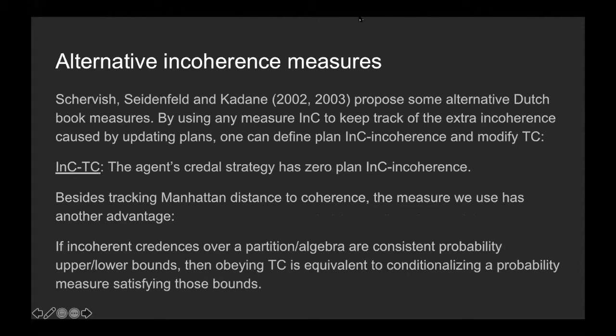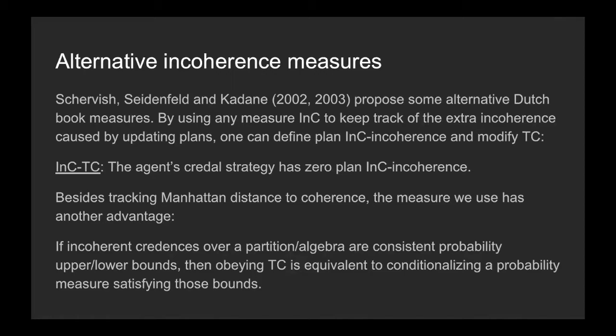So now, one thing to talk about here is the use of alternative incoherence measures. Because we picked out a Dutch book measure that I presented earlier that we think is a really good one, but that's not the only one you could use. And there's some literature by Schervish, Seidenfeld, and Kadane who define a whole set of Dutch book measures that have interestingly different properties.